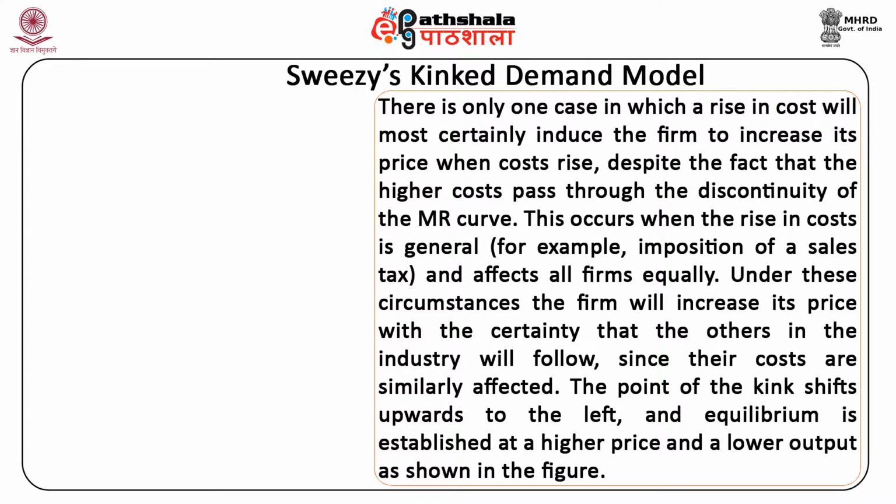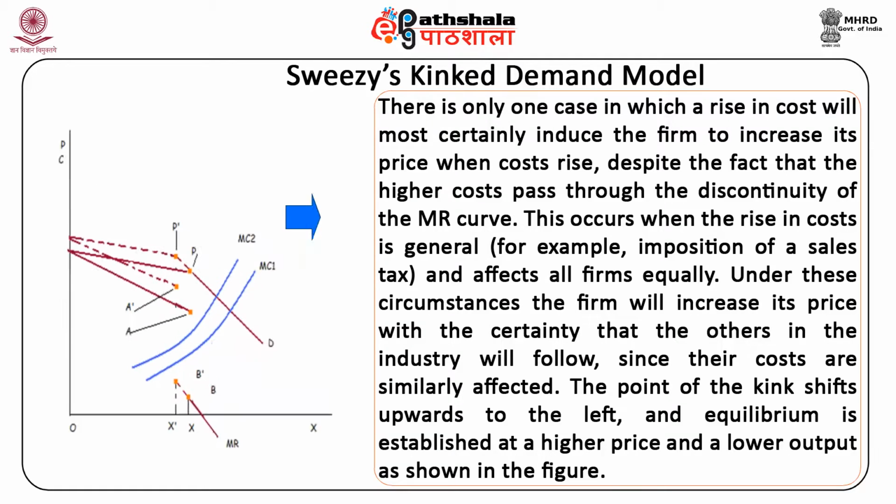Under these circumstances, the firm will increase its price with the certainty that the others in the industry will follow, since their costs are similarly affected. The point of the kink shifts upwards to the left and equilibrium is established at a higher price and a lower output as shown in the figure.